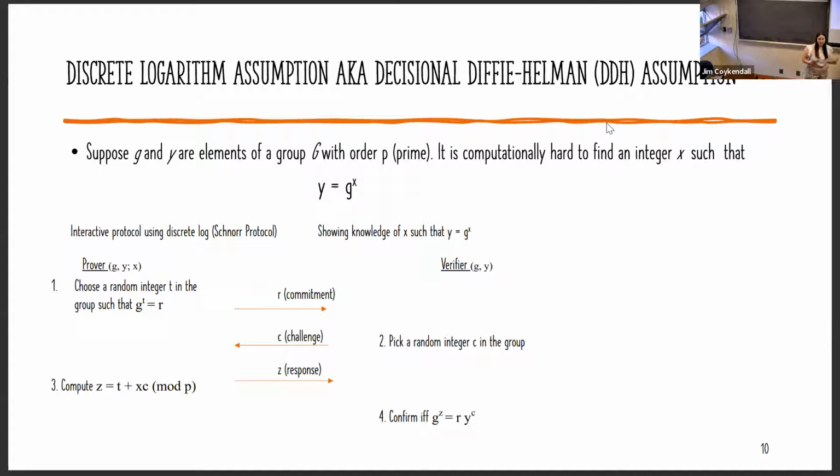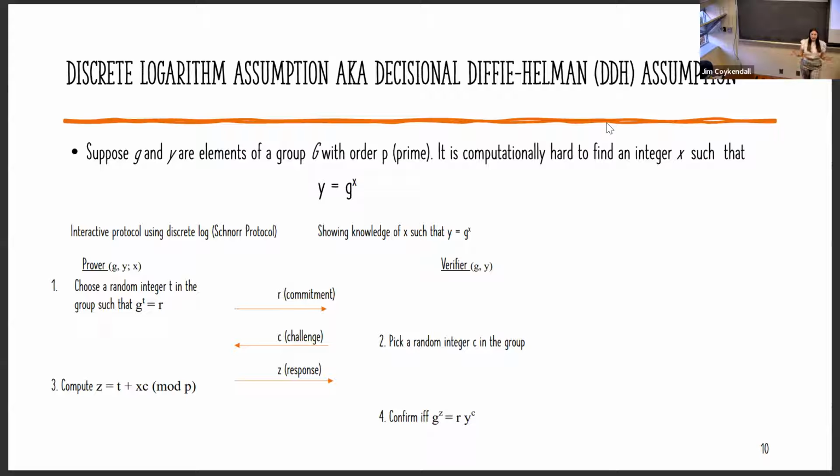Okay. Next we're going to talk about the discrete log assumption, which is related to the decisional Diffie-Hellman assumption. This is used in a lot of security and privacy protocols right now. A lot of our privacy is currently based on it. The idea is that we suppose G and Y are elements of our group with prime order P, P being very large.